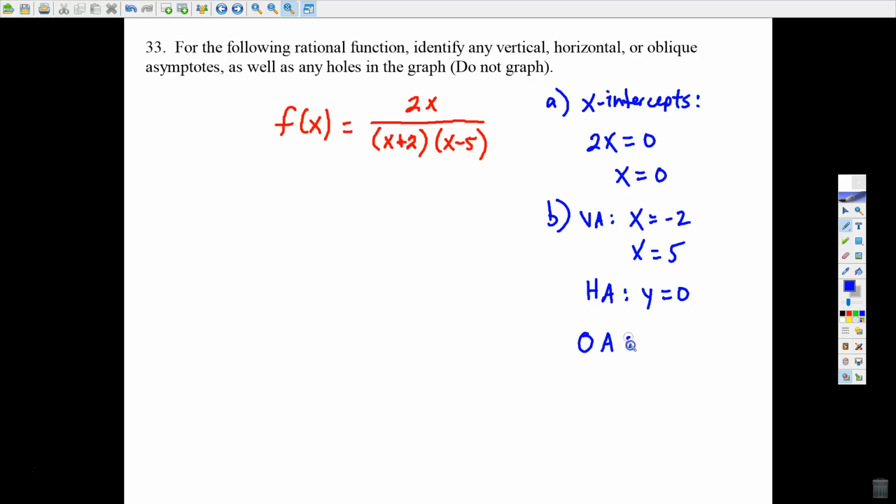There is no oblique asymptote because the numerator degree has to be higher by 1 degree, and obviously it's not. There are no holes because there isn't a number that makes both numerator and denominator 0. And so that is our answer to number 33.